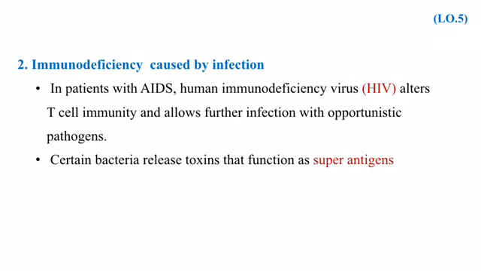Now immunodeficiency caused by infection. We have many infections that cause immunodeficiency. For example, in patients with AIDS, the human immunodeficiency virus, HIV, alters T cell immunity and allows further infection with opportunistic pathogens, causing opportunistic infection by pathogens that exploit the weakness in immunity.